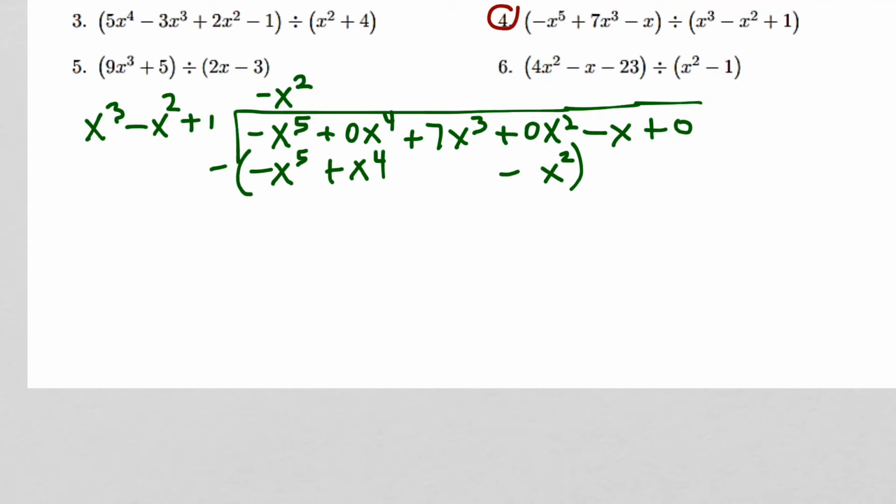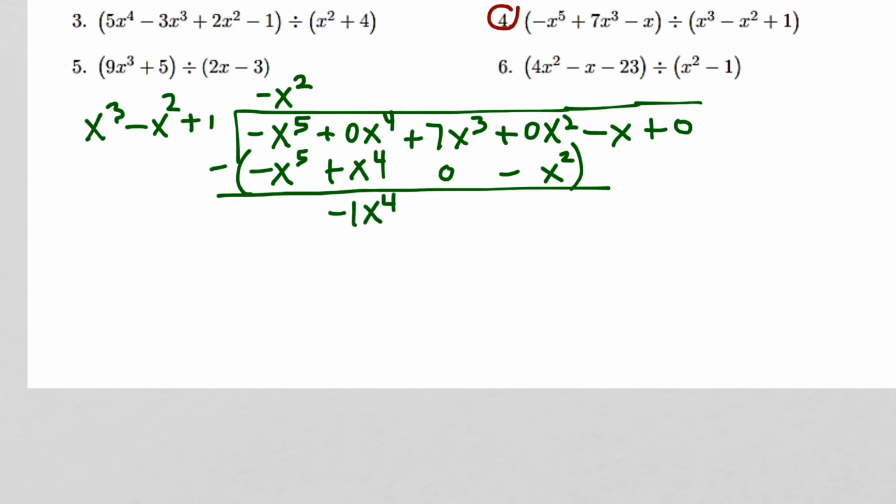And we'll subtract. So we have 0 in the first, x to the 5th column. So here, 0 minus 1 x to the 4th, so that would be negative 1 x to the 4th.